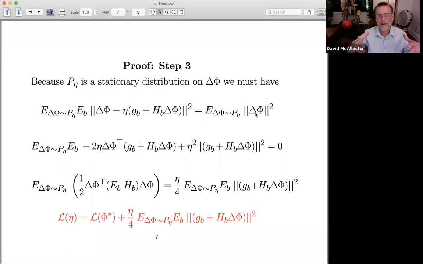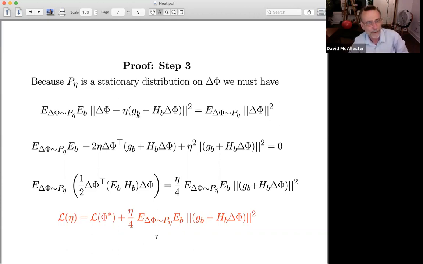Okay, so what I'm going to say is it has to be just as wide. When I take one step of gradient descent under the stationary distribution, the width has to be the same. So what I've written here is an equation that says the width after a step of gradient descent.